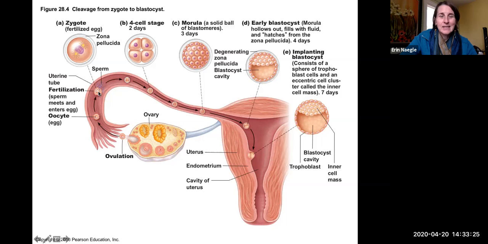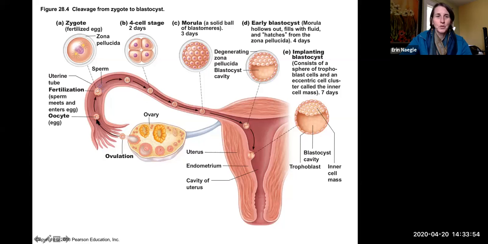And then the cell immediately starts to divide into many cells. Eventually, we spend our early life as a hollow ball of cells known as a blastula or a blastocyst. You were several cells before you reached this point in the uterus and went through a process known as implantation.